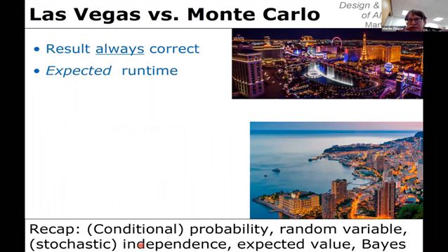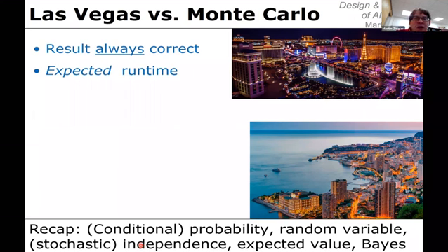So for instance, imagining that the expected runtime is very small, it could still happen that in some runs the runtime is very large, and then we want to know how likely such events are.